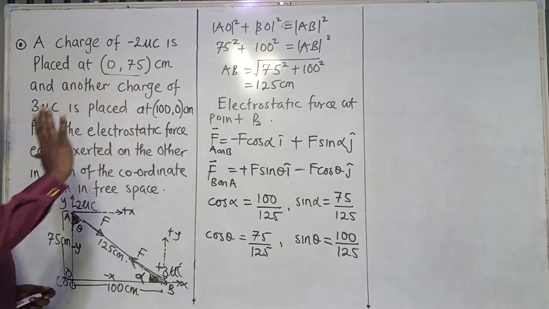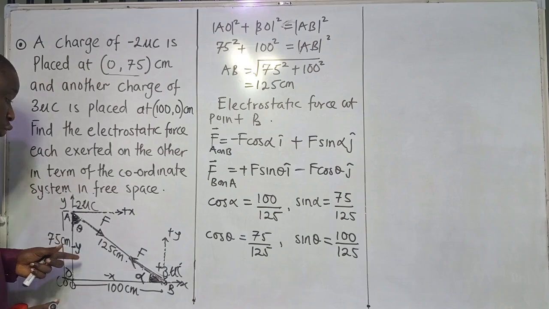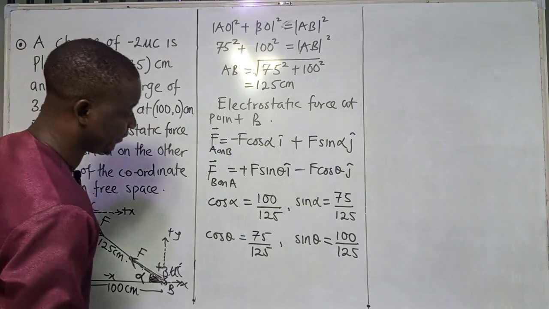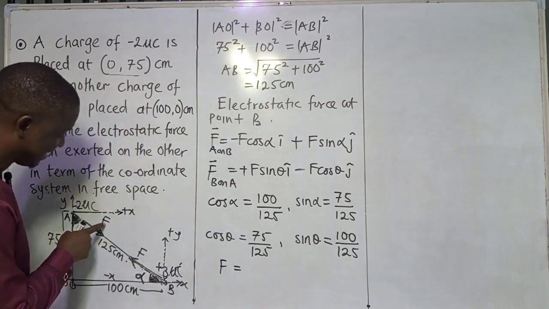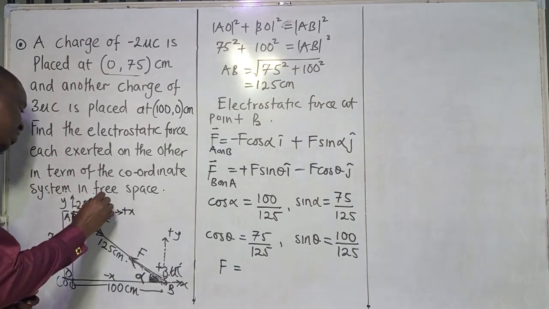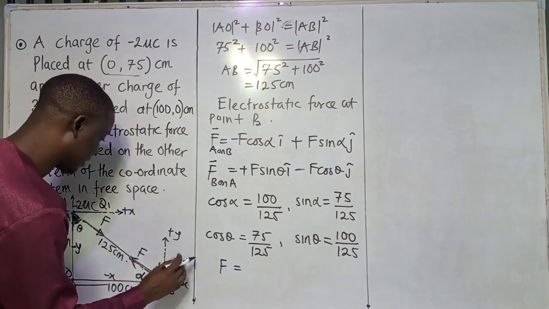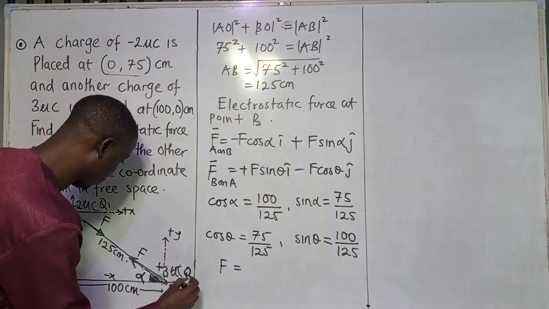Now, I haven't done that yet. Simply substitute the values inside the angles without wasting your time. But remember, we don't know the force yet. So let us find the force, because whether it is this or this, for every action there is an equal and opposite reaction. Let's say this is Q1 and this one is Q2.